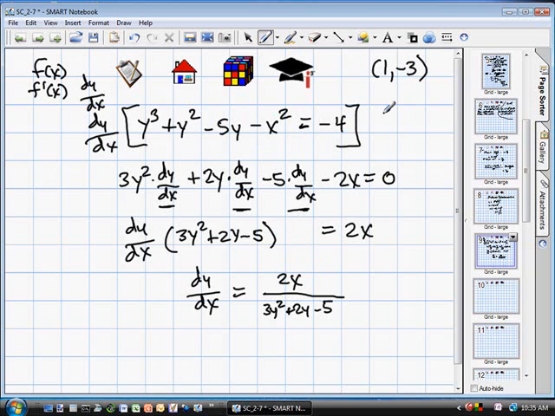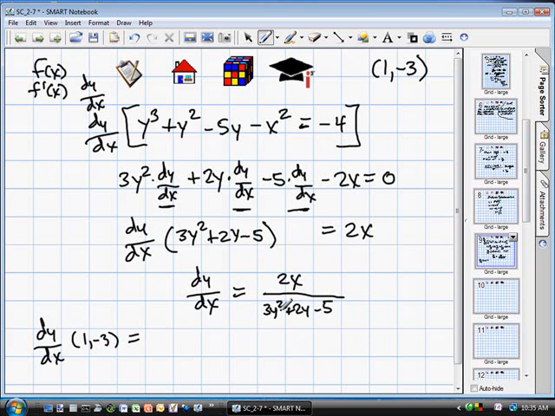Well, we know the derivative, don't we? So I'll just put it this way, what's dy/dx at the point (1, -3)? So now we just take this equation, and we've got to plug in not only x, but y, right? Because we have y's in there.